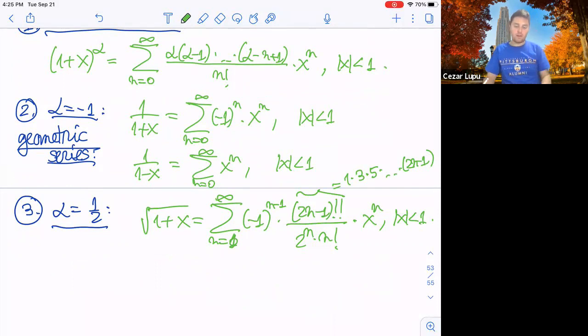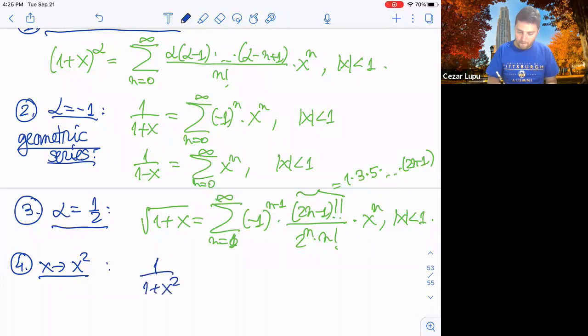All right, let's see what else we can do. Of course, we can take x to x squared, and we're going to get that 1 over 1 plus x squared is this series.